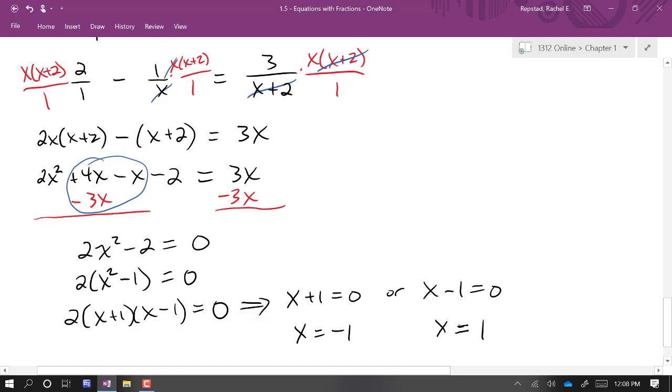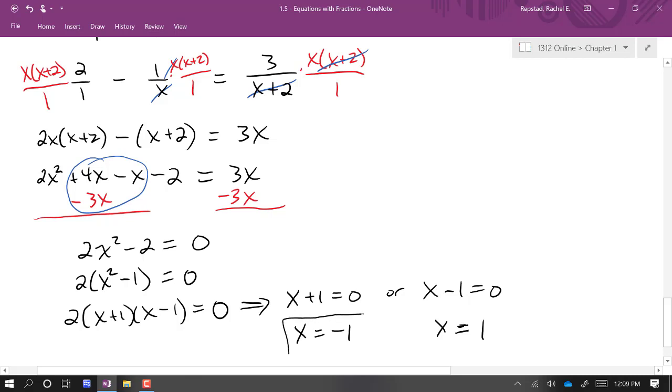Now there's one more step in this type of situation. We have to make sure, when we solve an equation with fractions, and I didn't make much mention of this before, that the answers we get don't cause us to divide by 0 in the original equation.